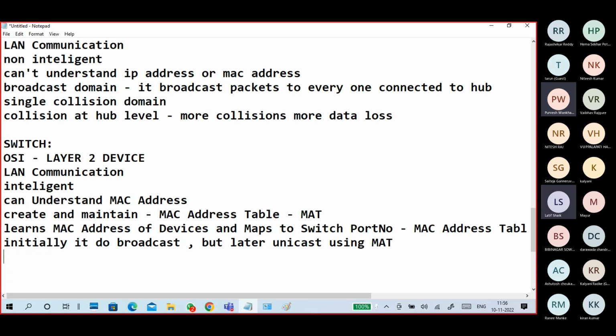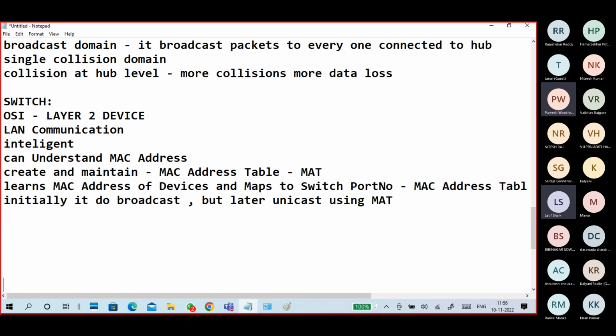Once the MAC address table is created, it automatically does unicast.